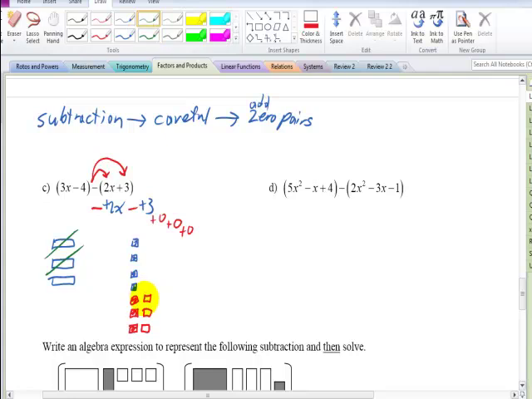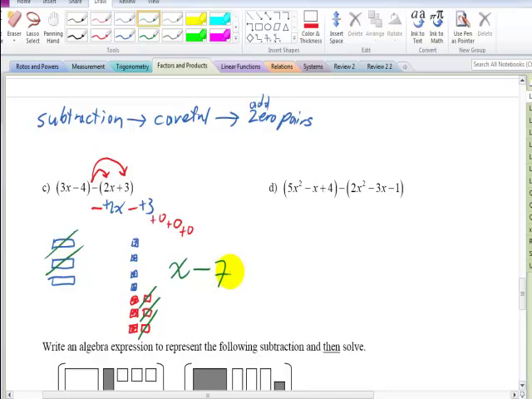And the reason why we add 0 pairs is so I can do exactly what it tells me to do. Take away 3 positives. Take away 1 positive, 2 positive, 3 positive. That's the weird part about subtraction. Okay. So, final result, x minus 7.